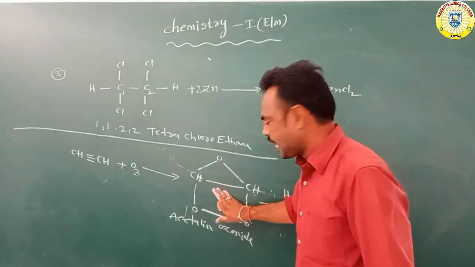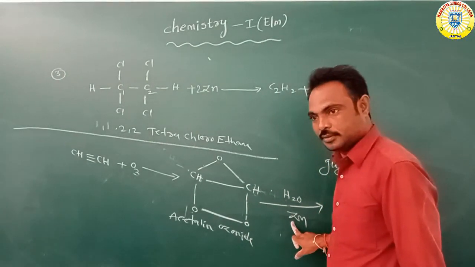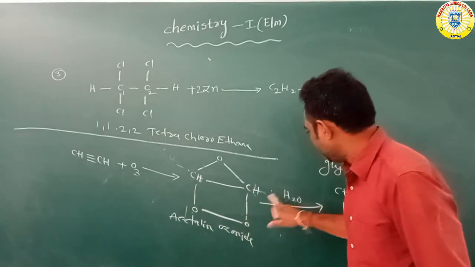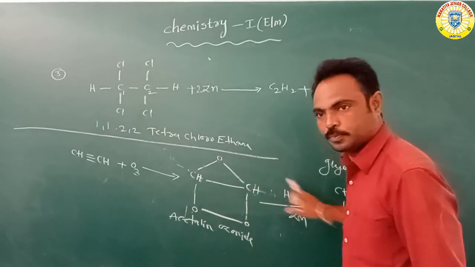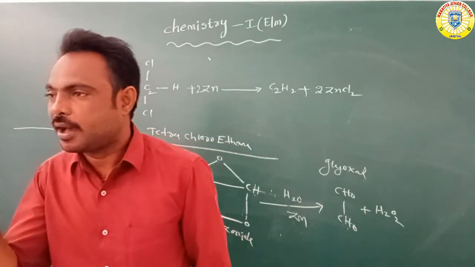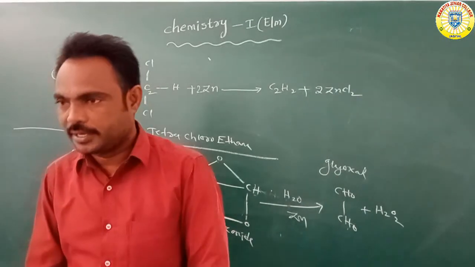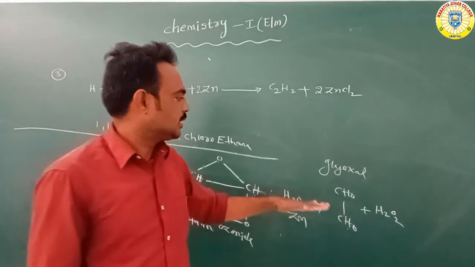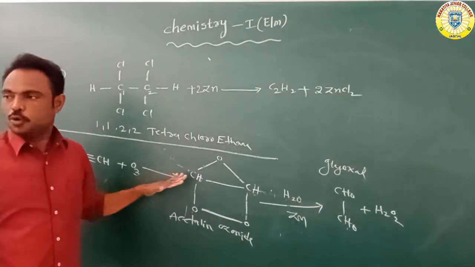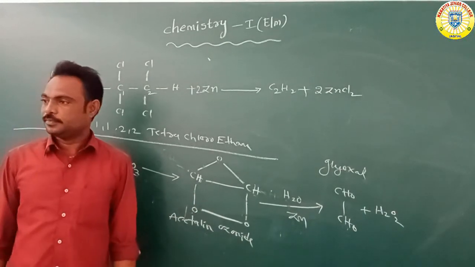Next, when it reacts with the water molecule in the presence of zinc catalyst, to form in this reaction, CHO bond CHO. Remaining H2O2. H2O2 means hydrogen peroxide. So it is another chemical property of ozone.